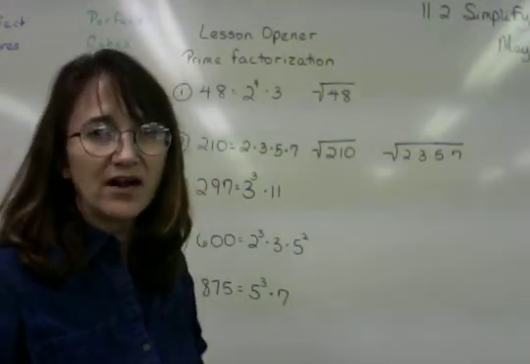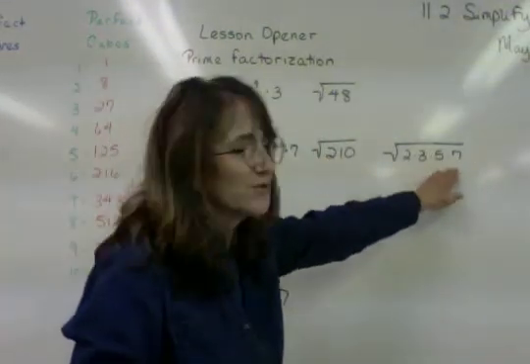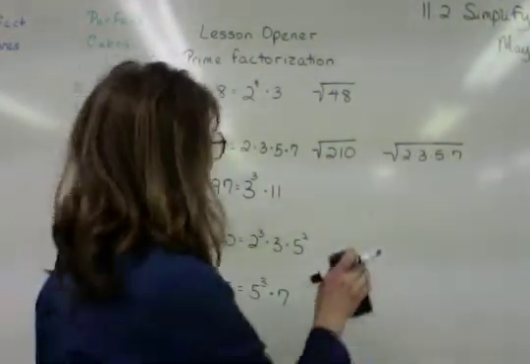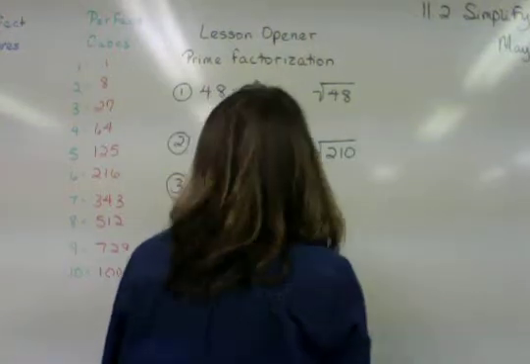There's nothing that's going to come out of 210 because I just don't have any repeating numbers to bring out of that. So that one's just going to stay there.